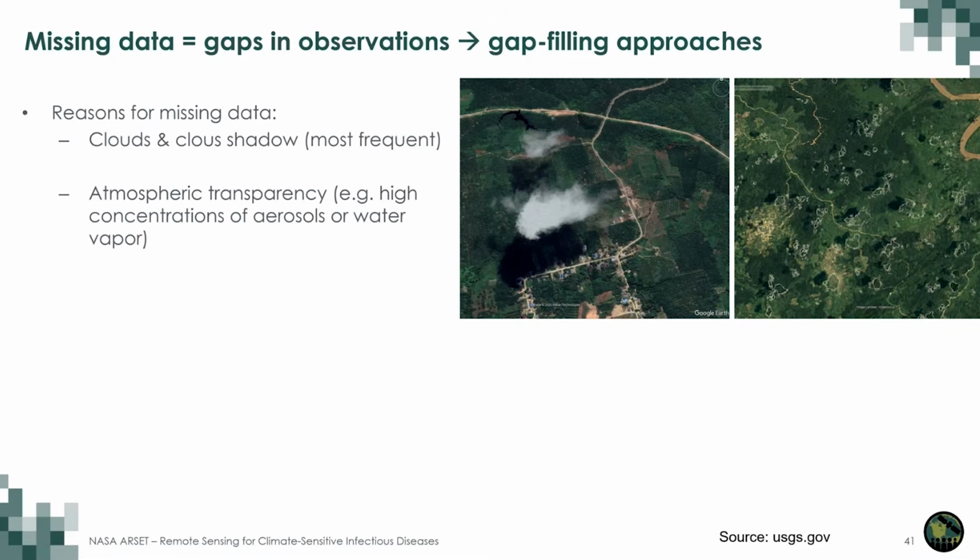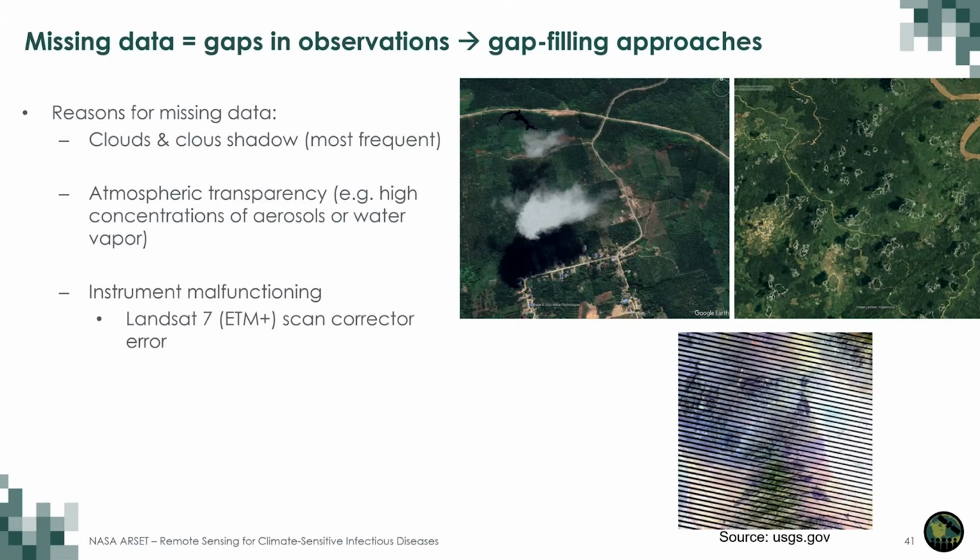Sometimes the atmosphere has large concentrations of aerosols, of water vapor, and it's not transparent. So the signal, the electromagnetic radiation, does not penetrate it well, and it can create poor visibility. Sometimes we have instrument malfunctioning.